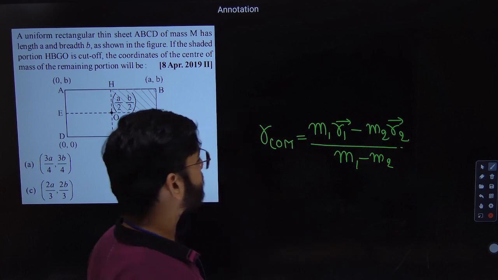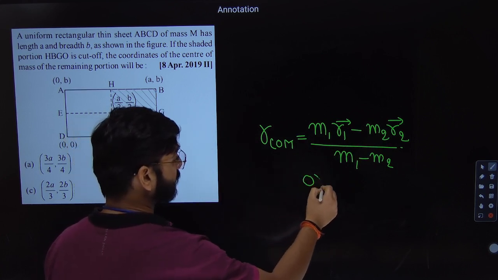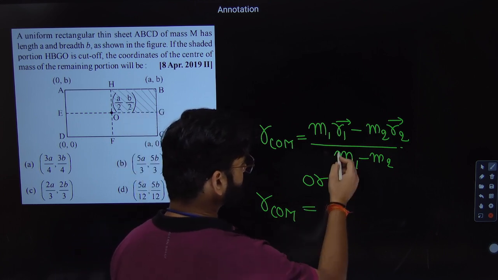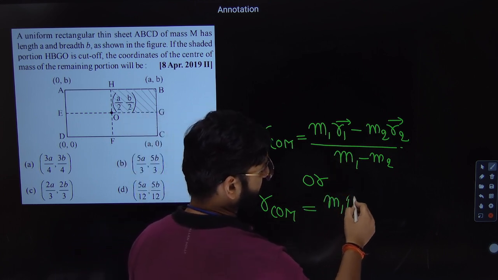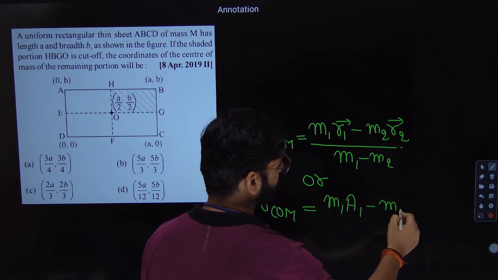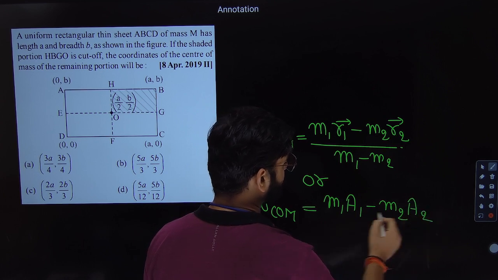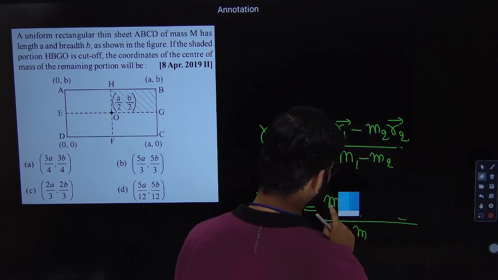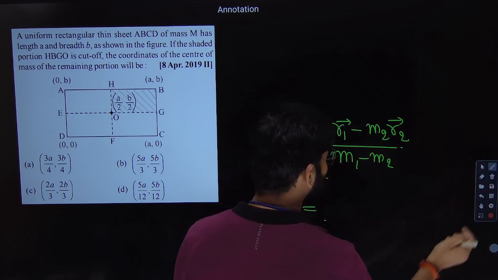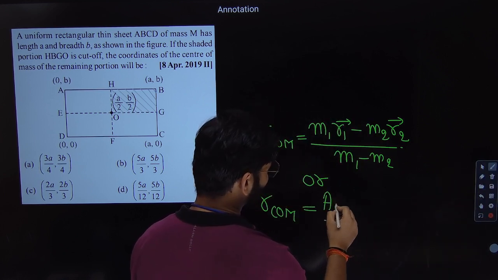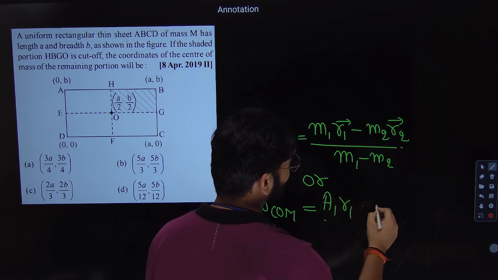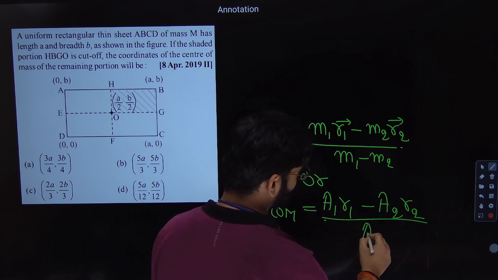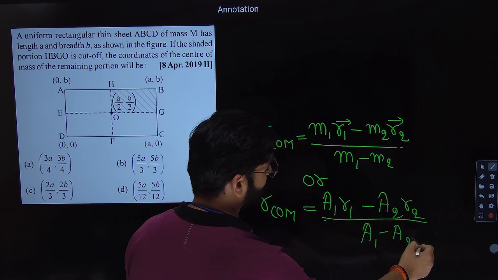Now all of you see on the board, there is one more method. Instead of mass, you will write area. Don't write M1 A1 minus M2 A2 divided by. This will be A1 R1 minus A2 R2 divided by A1 minus A2.